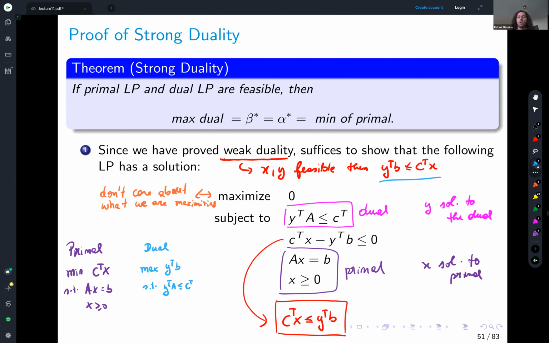So now all we need is to certify that this is equivalent to saying that X and Y are optimum solutions. Does that make sense? I can pause here, and if it doesn't make sense, you can ask in the chat or not.